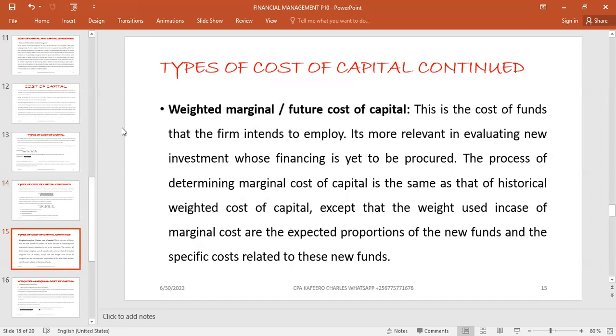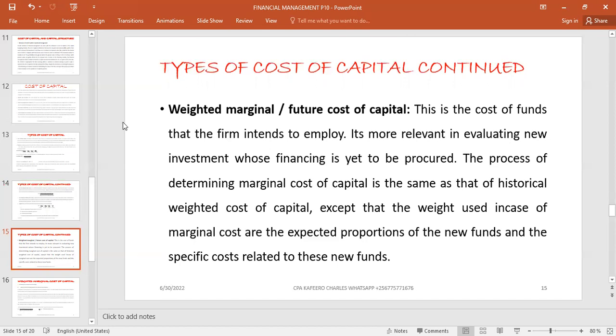Then we can look at the other one, which is the weighted marginal or future cost of capital. This is the cost of funds that the firm intends to employ. This is what we plan to employ in production.